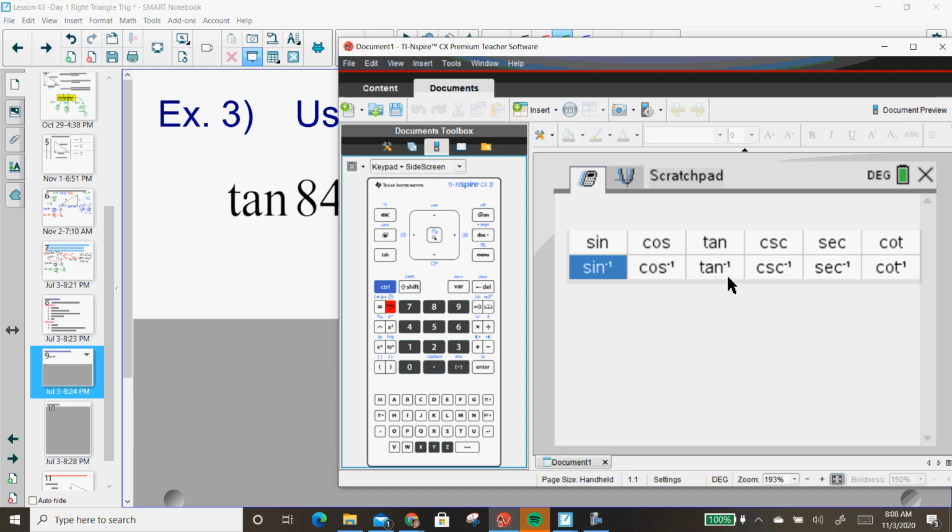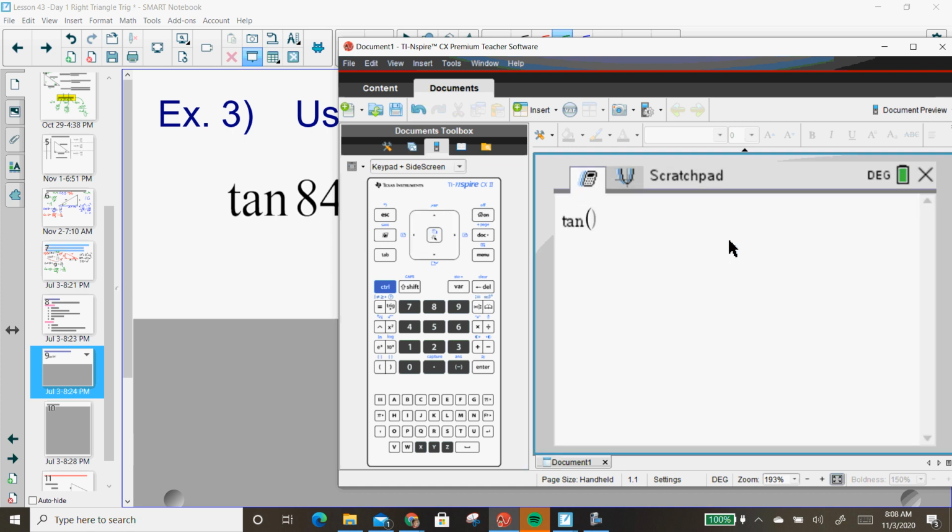Next week, we will talk about these 3 right below those, that have the little -1s as exponents. But for right now, if I wanted to evaluate tangent of 84, I would just go across with my right arrow key, or it looks like I need to go up on mine, until I get tangent highlighted, and then I click enter.